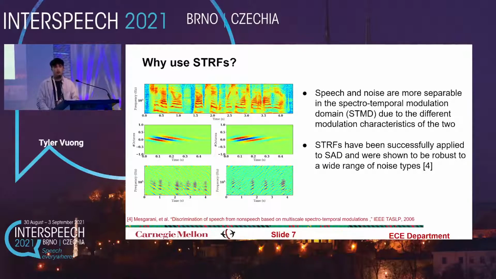The reason why we use this modulation domain input is that it's well studied that speech and noise are a lot more separable in the spectro-temporal modulation domain due to the unique modulation characteristics of the two. It's well studied that speech is concentrated at low temporal modulations around the 2 to 8 hertz range, and there's a lot of work that shows that low modulation is also good for intelligibility and other speech-related tasks.